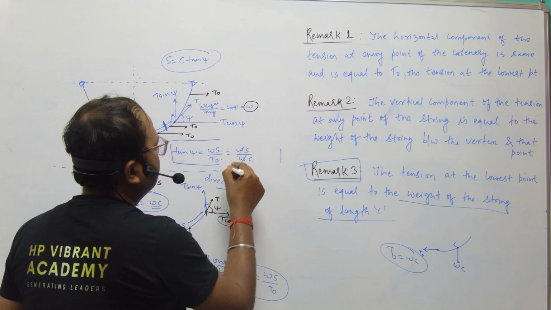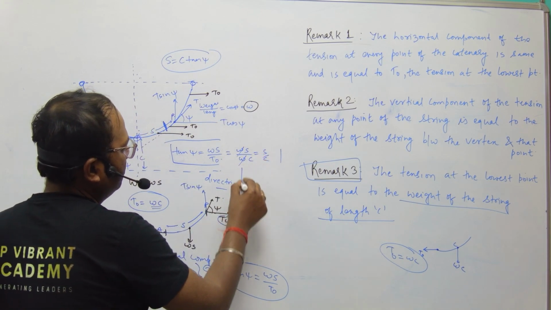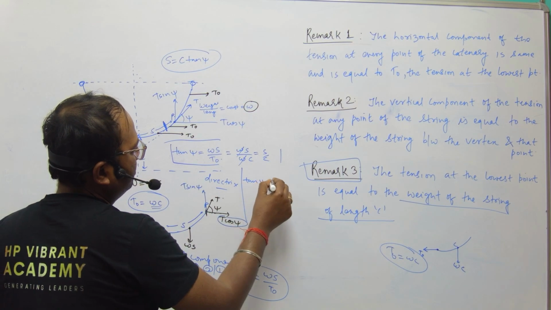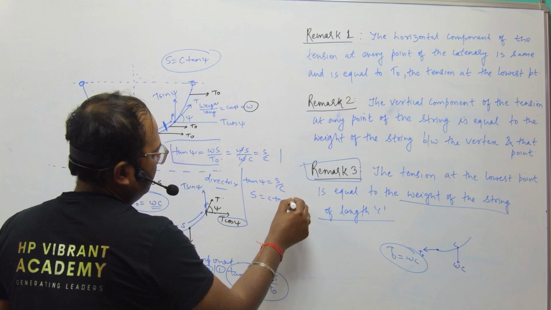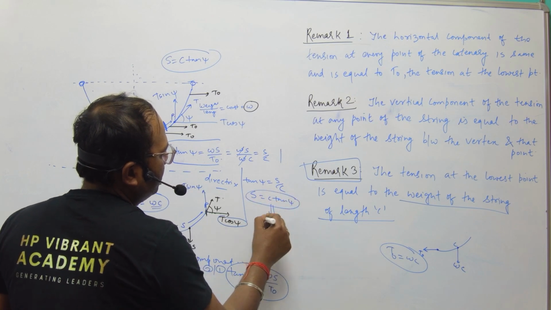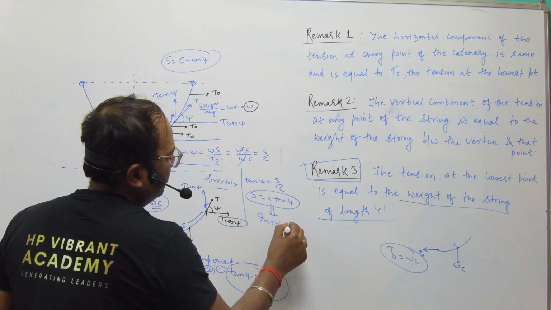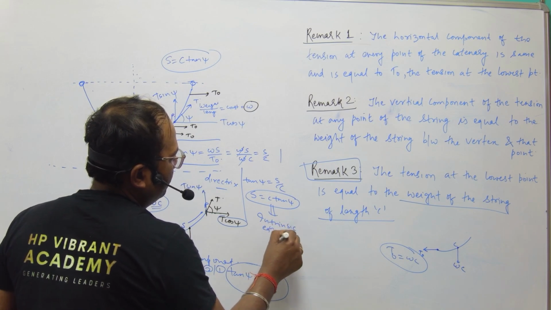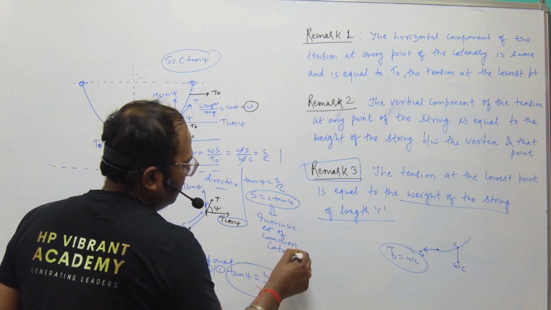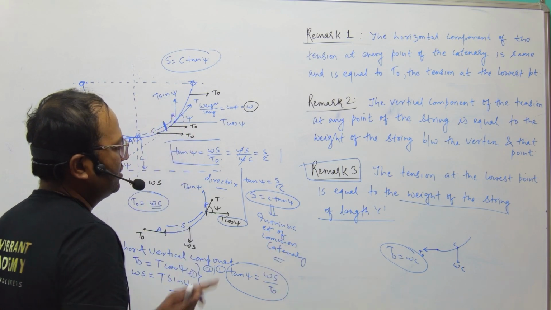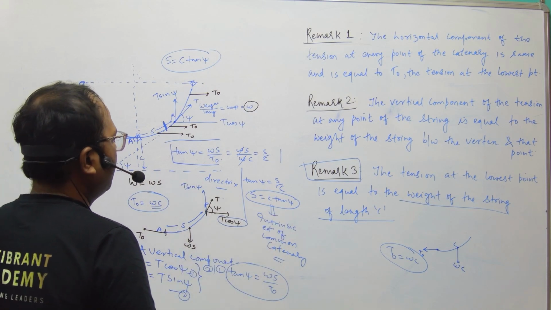So w gets cancelled, and this is equal to S upon C. So tan psi is equal to S upon C, so S is equal to C tan psi. This is the intrinsic equation of the common catenary.